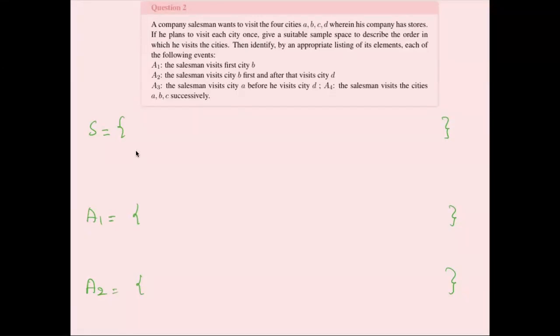I saw some answers there: A, B complement, C complement, D complement. The thing is, the complement operation works for a set. Is your A, B, C, D a set or is it a CD?